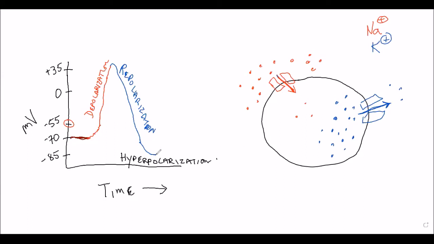Then what happens over here, when it reaches -5, these gates, the potassium gates, are now fully closed. It just closed very slowly, but now they're fully closed. Then what happens now is that the sodium channels and potassium channels, they're back to their leakiness.